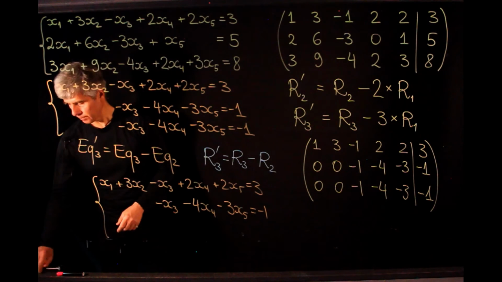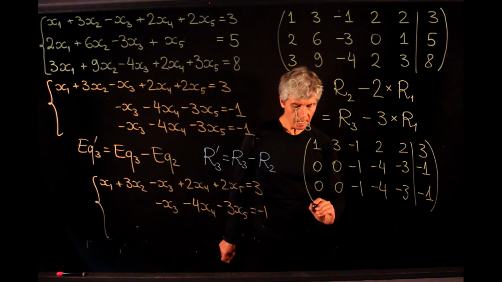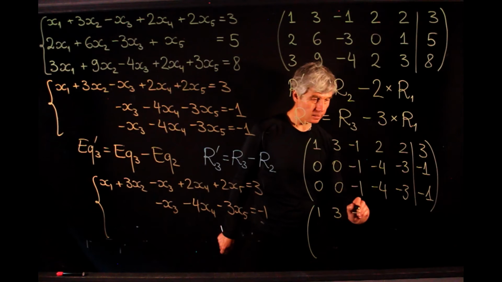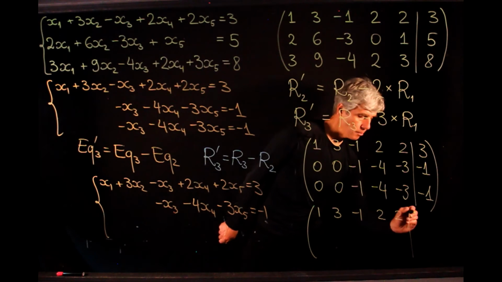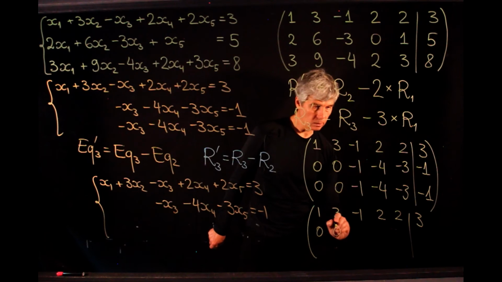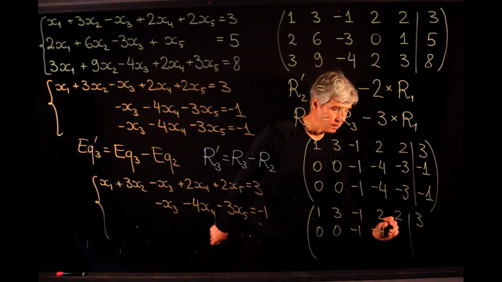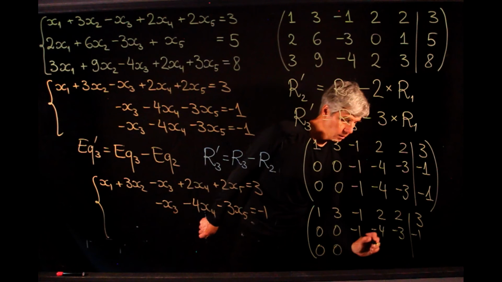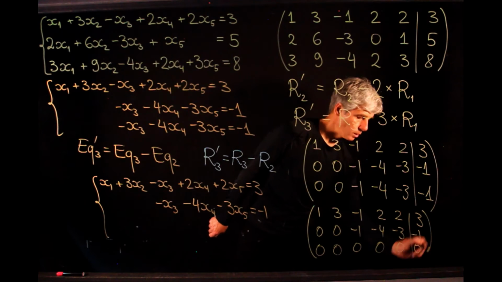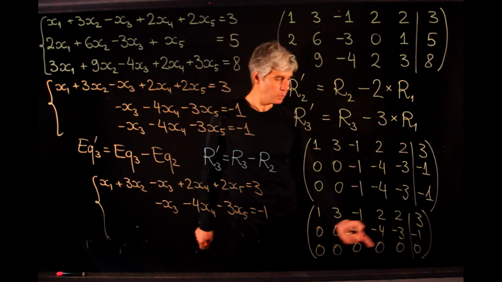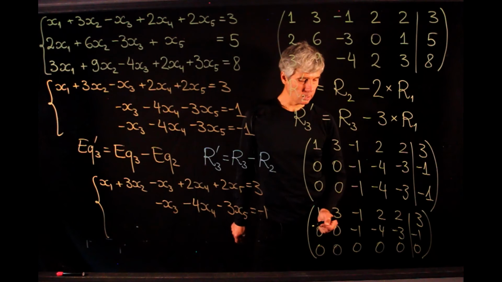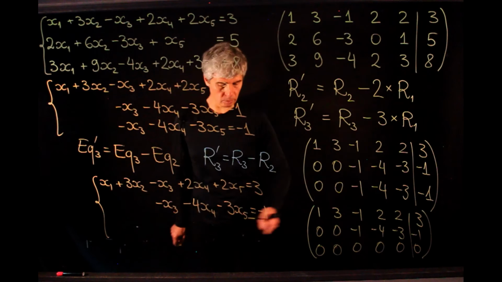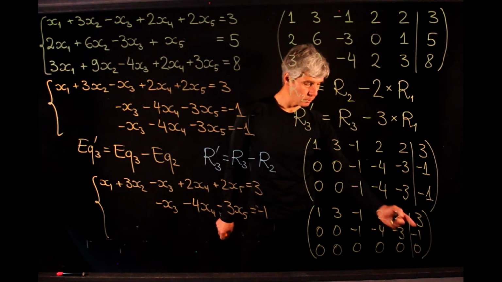So the matrix will be 1, 3, negative 1, 2, 2, 3, 0, 0, negative 1, negative 4, negative 3, negative 1. And the last row is completely a row of zeros. So what we point out here is that 0 rows in the augmented matrix correspond to null equations. There is an empty equation that corresponds to the 0 row.